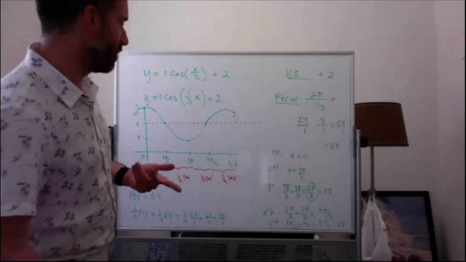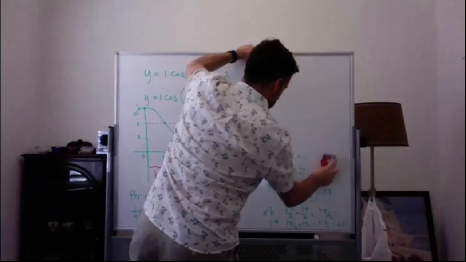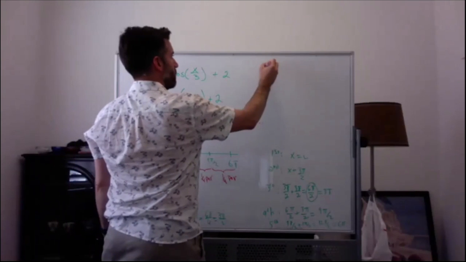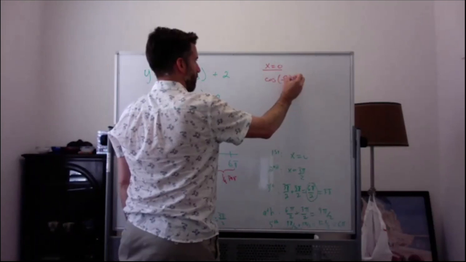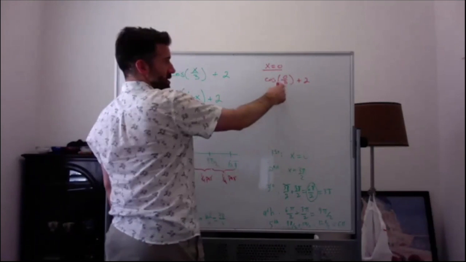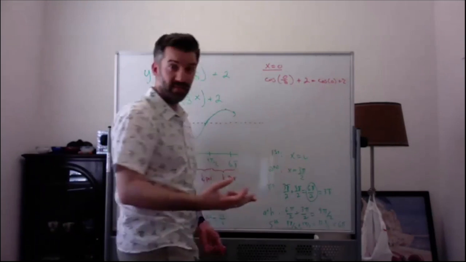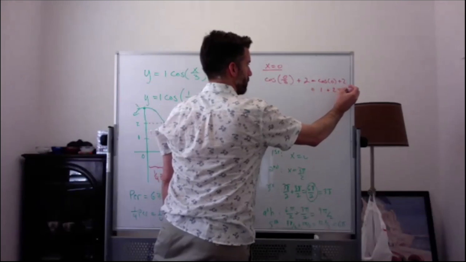I'm going to show you real quick. So when I plug in 0, I get cosine of 0 over 3 plus 2. 0 over 3 is just 0. Cosine of 0 is 1. So I get 1 plus 2, which is 3.